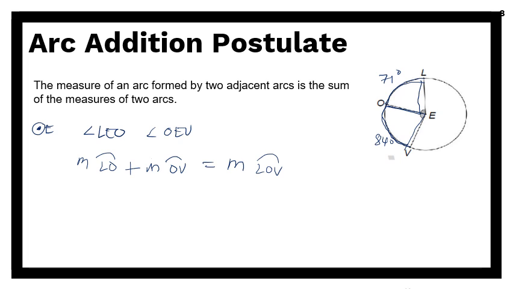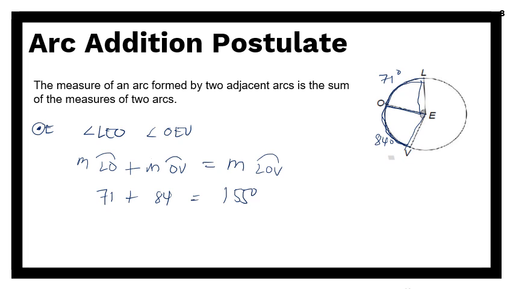What will be the measure of arc LOV? If LO is 71 and arc OV is 84, get the sum to get the measure of arc LOV. So, 71 plus 84, the answer is 155. So, LOV is 155 degrees.